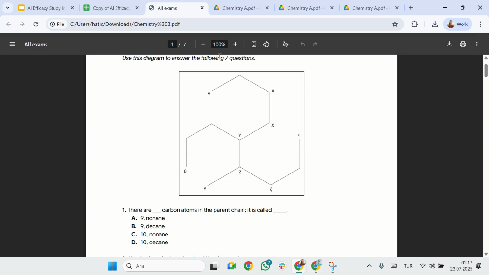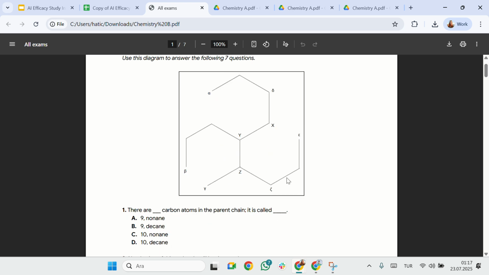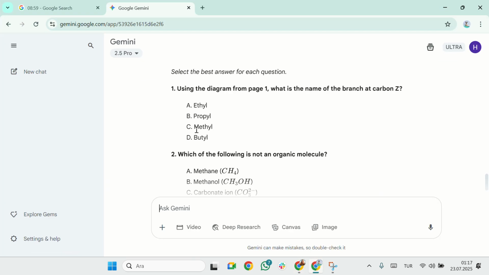Branch at... okay, 1, 2, 3, 4, 5, 6, 7, 8. 1, 2, 3, 4, 5, 6, 7, 8, 9. Okay, this should be our parent chain. So this should be it. Methyl. Yeah, okay.